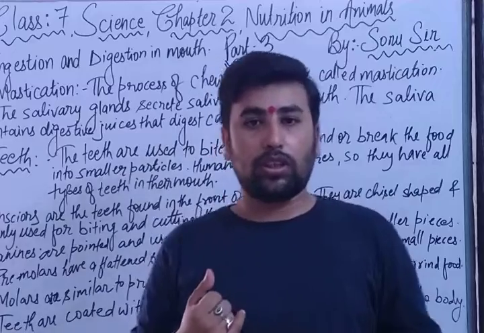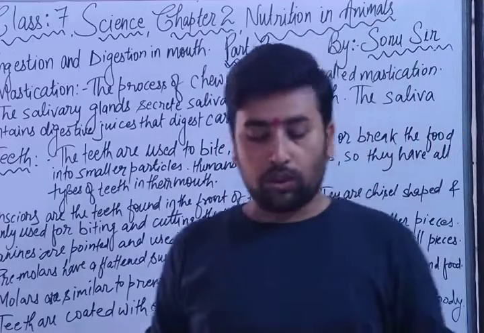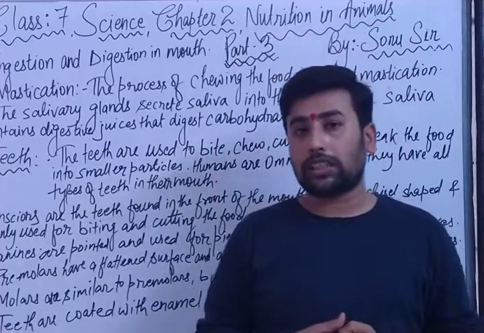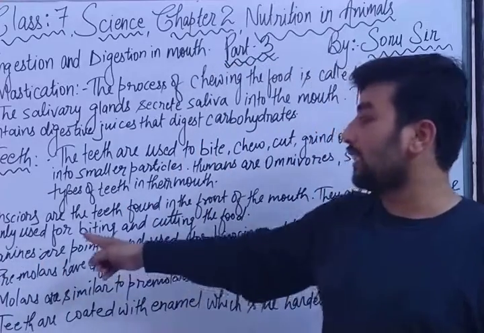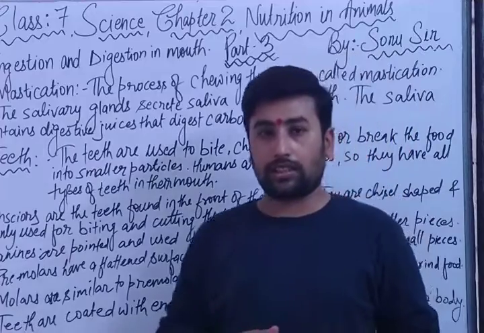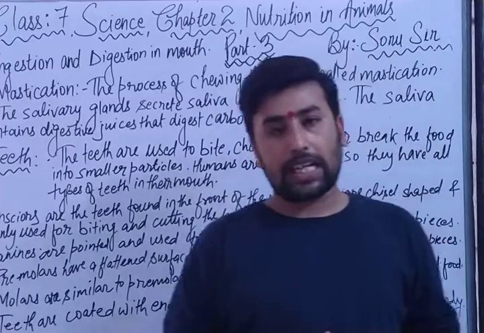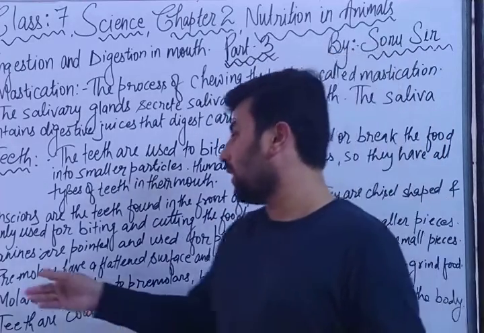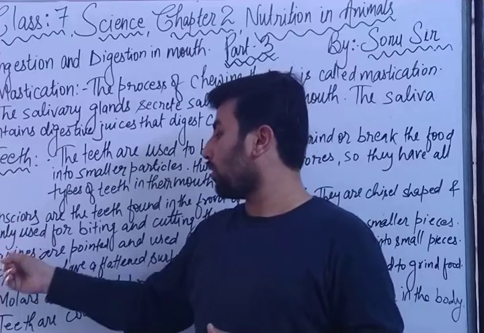2 up, 2 down. So remember, dear students, if I ask you to divide these 32 teeth into the different types, how many incisors will there be? Can you tell me? 4 up, 4 down. Total incisors 8. Okay. And canines, 2 up, 2 down. Total canines 4. So 8 plus 4, 12.